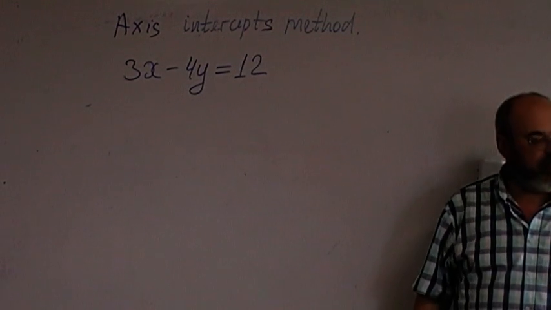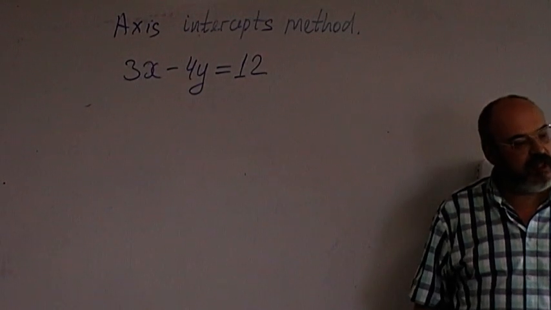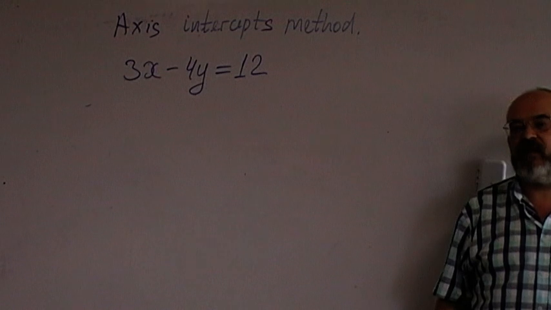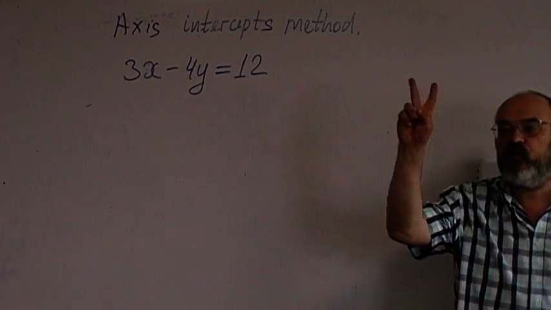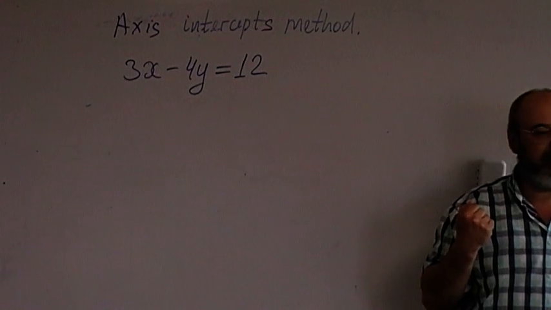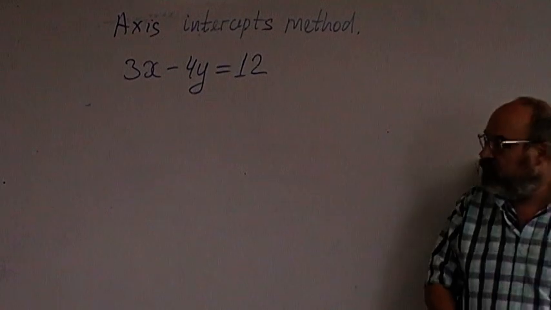You might rearrange it to make it y equals, but you can sketch the graph without doing that, by finding the x and y intercepts, because we need just 2 points to draw a straight line, and those 2 points can be the x and y intercepts.